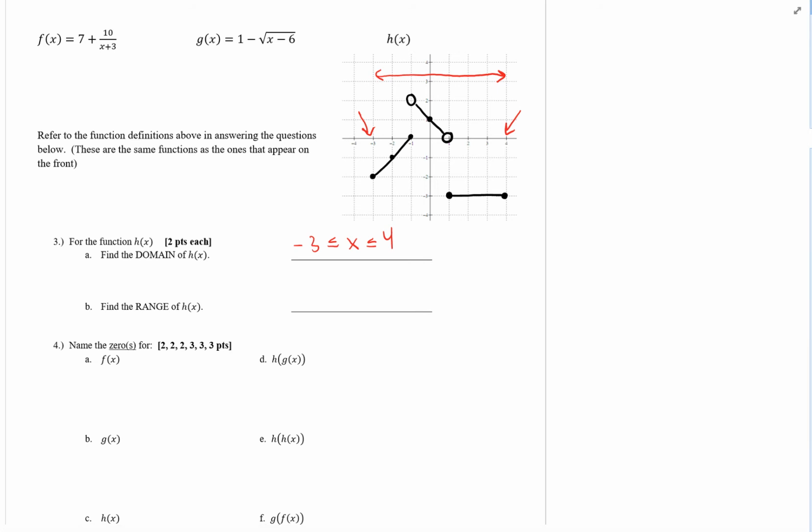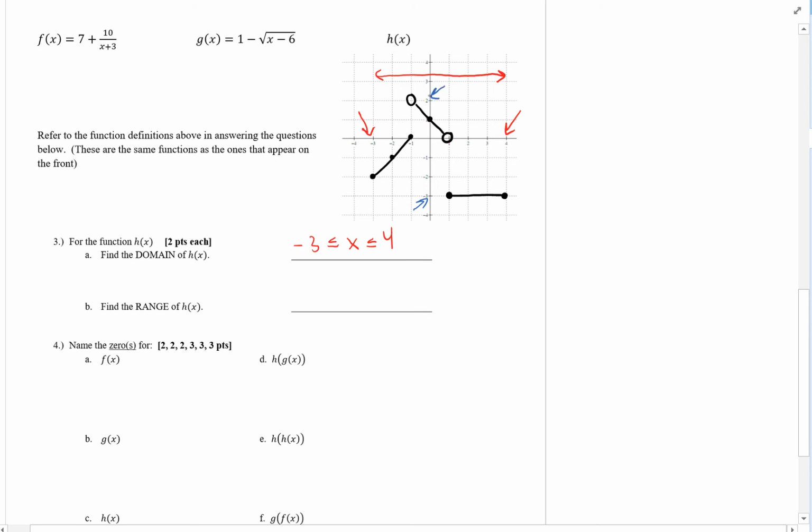Even though it doesn't give us an algebraic function, like it's not represented algebraically, we can see that the allowed x values for this function are between -3 and 4. The range is a bit trickier. On the bottom end, we can see -3. On the top end, we see 2.